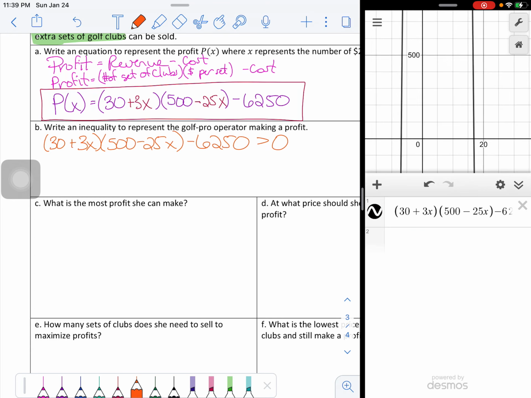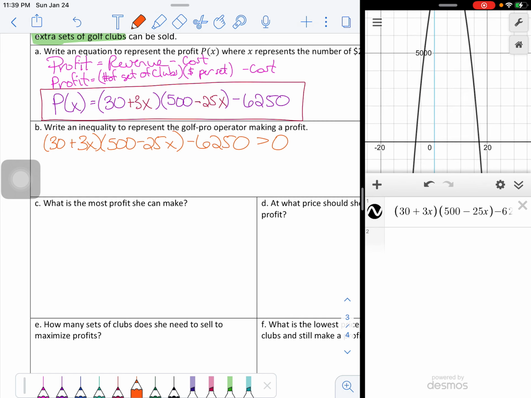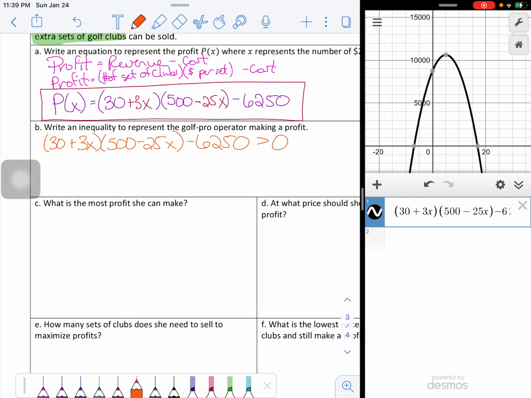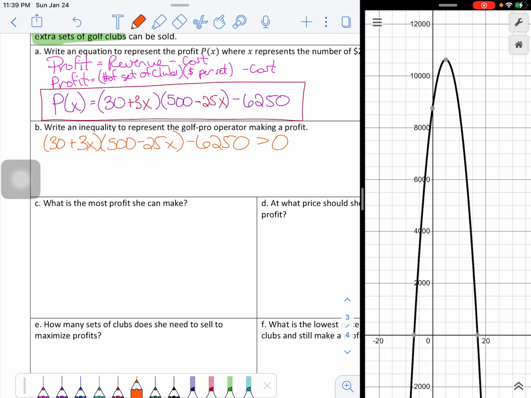And basically what I want to do is I'm just going to start pinching in on Desmos here until I can see my graph. I'm going to go ahead and close that out down there. All right, so here's my graph.